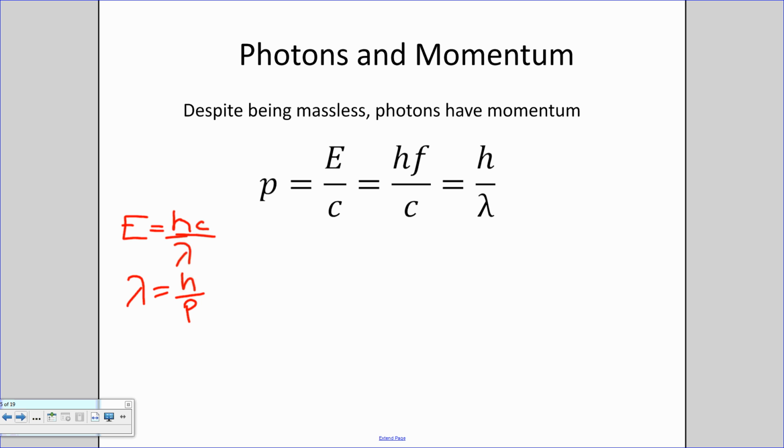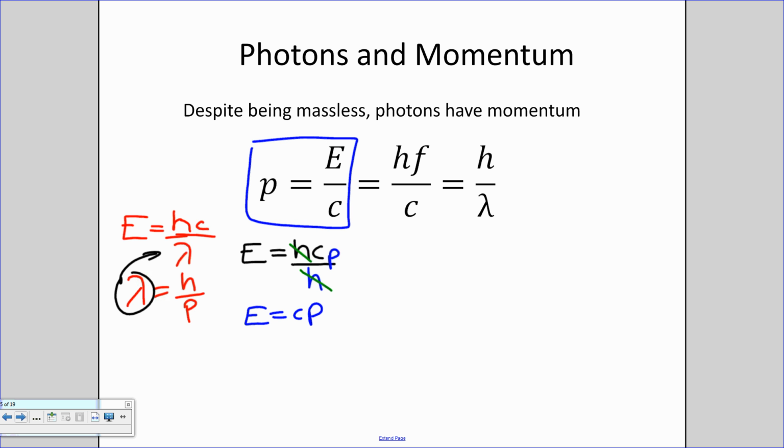If I combine these two together and plug this in here, I would get E equals hc, and then I would plug in for lambda, which becomes h over p. My h's would cancel, and the energy is equal to c times p. Or rewritten is this equation.